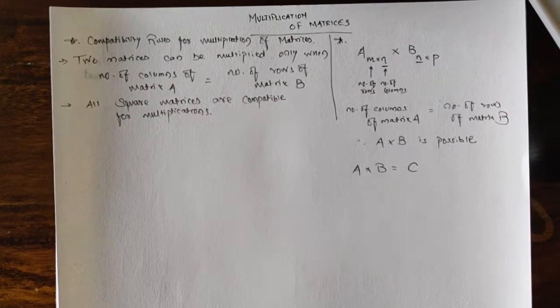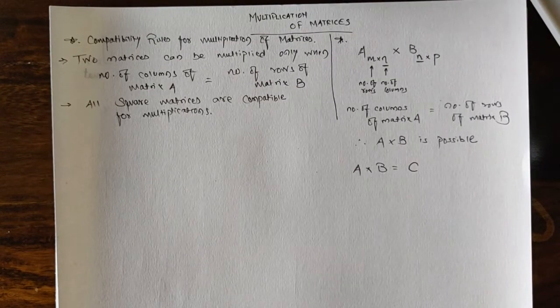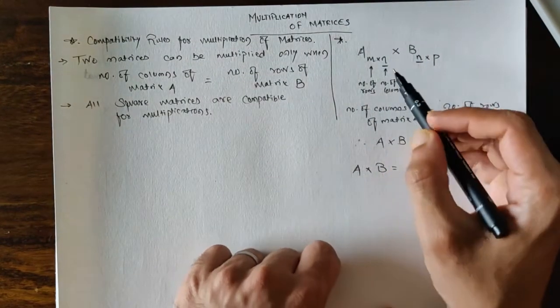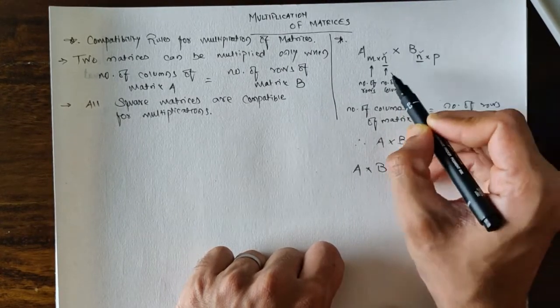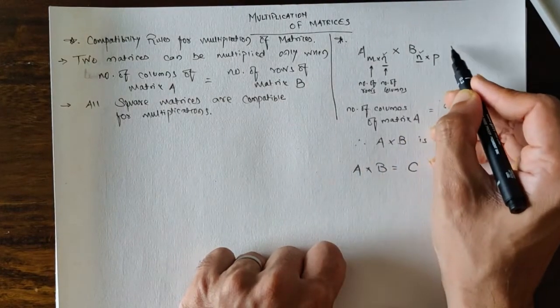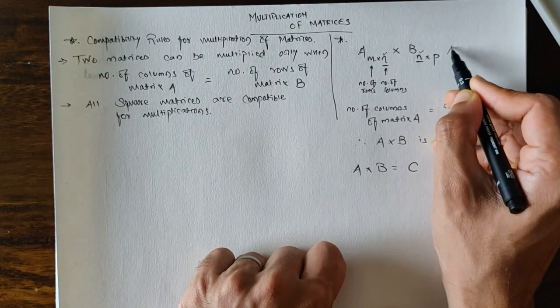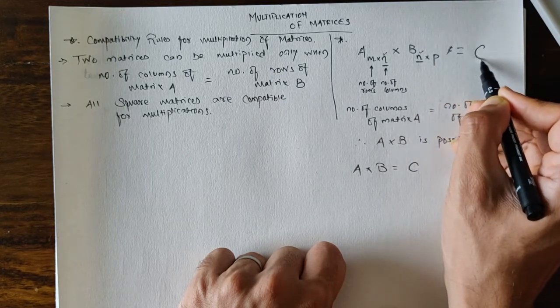Before you actually multiply, you can know the order of the product of two matrices. As I told you, here the number of columns is n, here the number of rows is n, so they can be multiplied. But whatever answer we are going to get, let's say it is C.